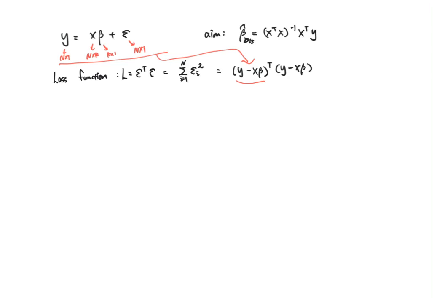So what I'm going to do is differentiate. I will first find the derivative of this loss function with respect to beta, and then find the point where the derivative is equal to 0.